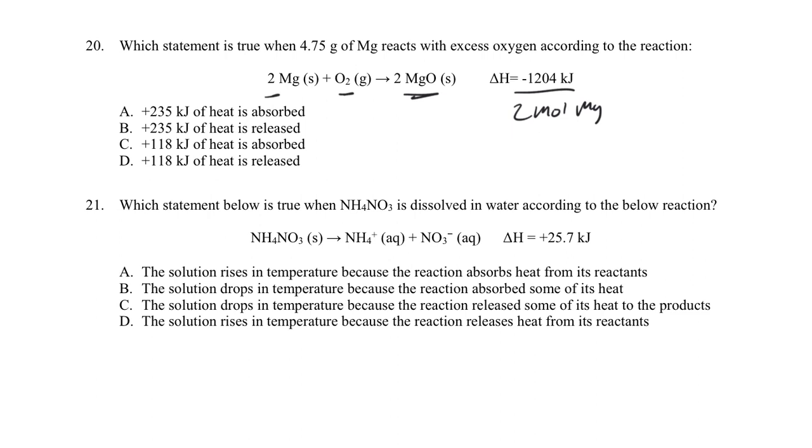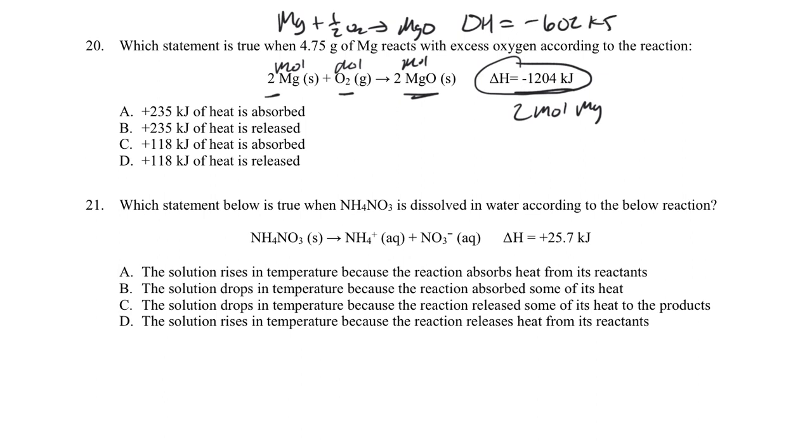So the coefficients in these reactions are assumed to be moles to give us this delta H. If you cut the coefficients in half, Mg plus half a mole of oxygen forms MgO, this delta H would be minus 602 kJ. This would be 602 kJ per 1 mole of magnesium. So 1204 per 2 moles is the same as 602 for 1.